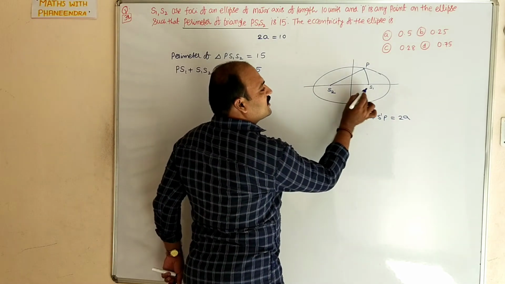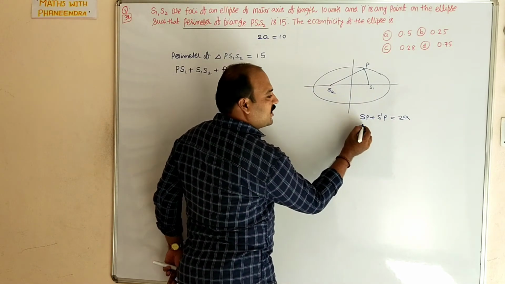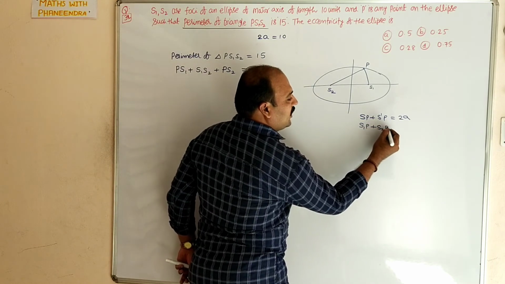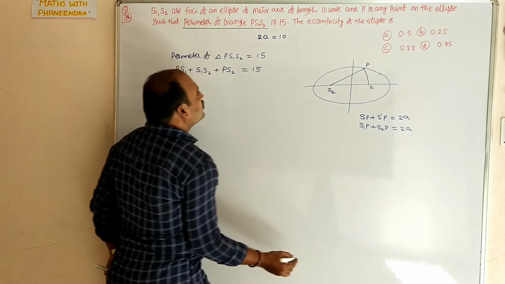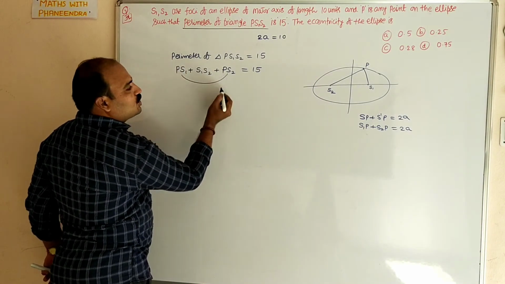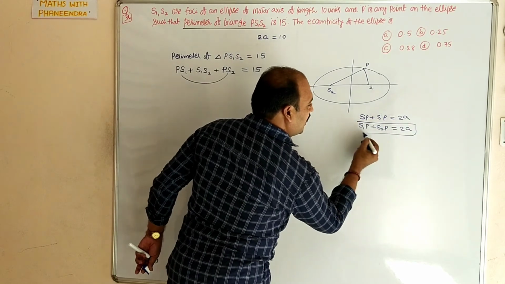In place of S and S dash, S1 and S2 are there. So we can write S1P plus S2P is equal to 2a.